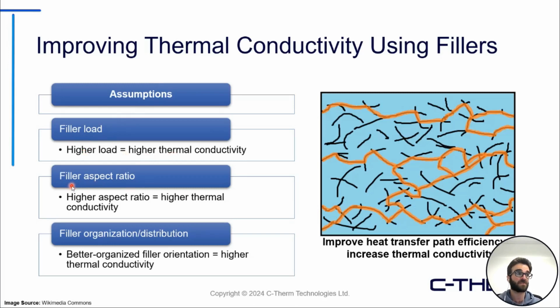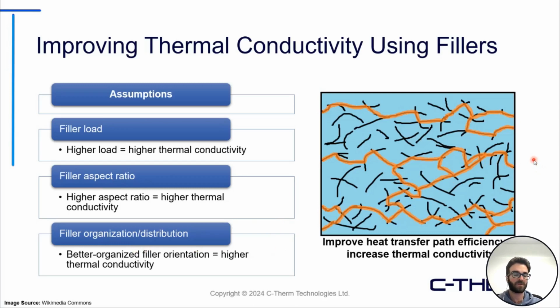There are also considerations on things like the aspect ratio, or the type or shape of the filler. A higher aspect ratio should also generally lead to a higher thermal conductivity. But this last point is something that I want to highlight: the filler organization and distribution. A better organized system will typically have a higher thermal conductivity based on the heat transfer paths that are generated.